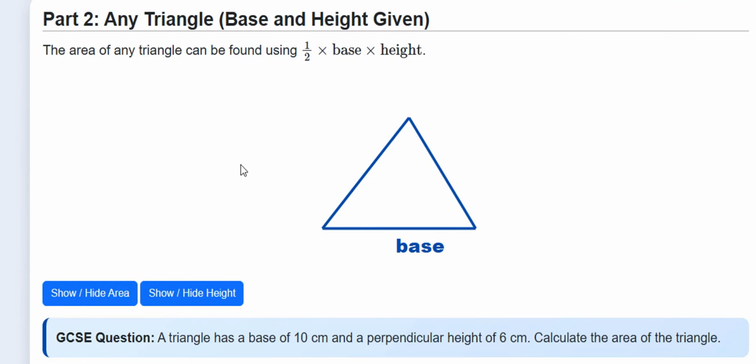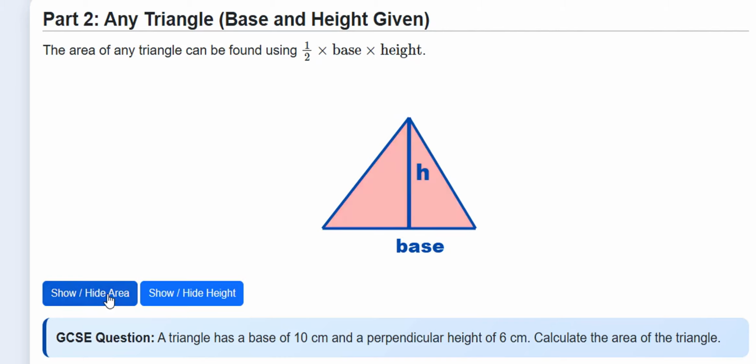In this question 2, you are told a triangle has a base of 10 centimeters and a perpendicular height of 6 centimeters. Calculate the area of the triangle. So the first thing, that is the height of the triangle, which we are given as 6 centimeters. And then we are told the base is 10 centimeters.